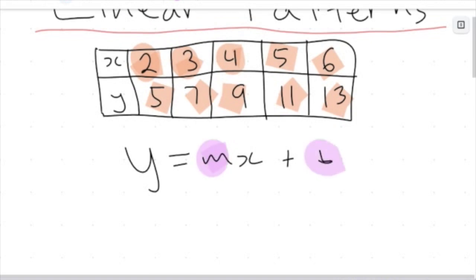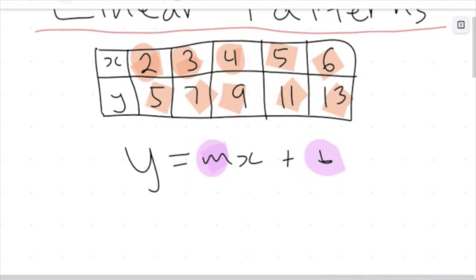Now, I won't always get these numbers, but more often than not, there will be some gradient and intercept linking these two together. Now, first of all, I just want to see the pattern in terms of how each of these is changing. What am I doing to x to get y?